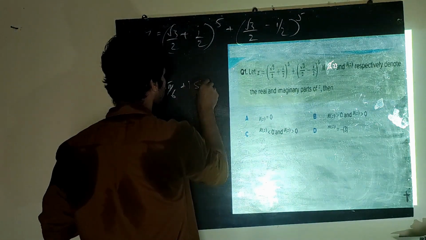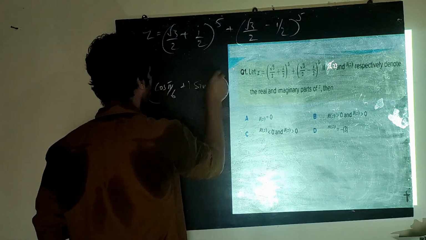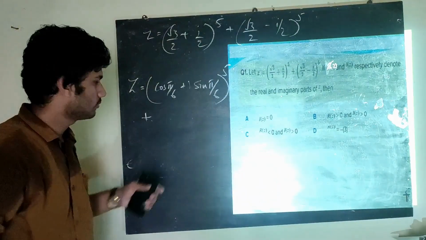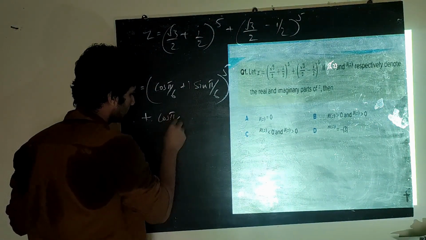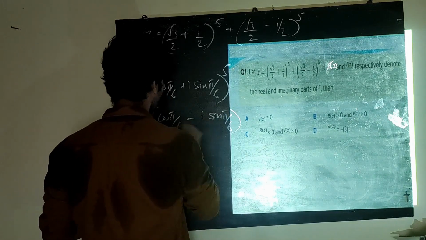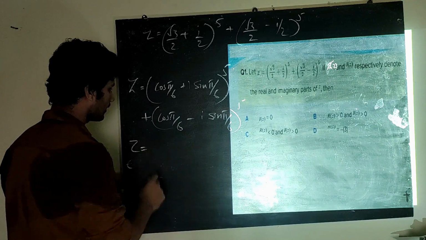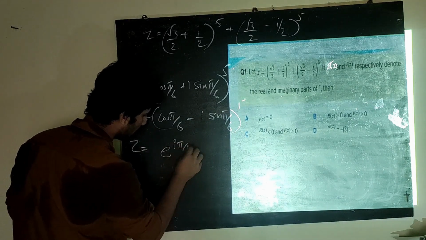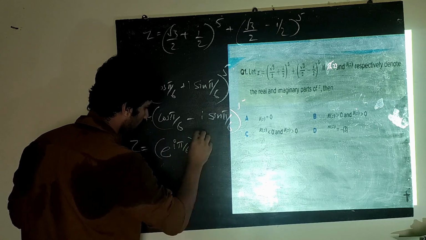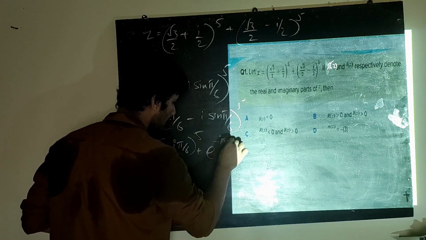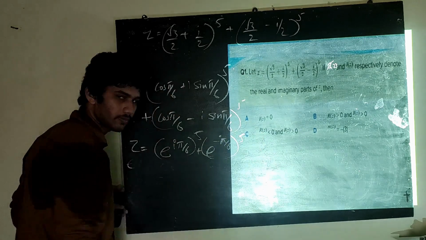So cos pi by 6 plus I into sin pi by 6, whole raised to 5, plus root 3 by 2 minus I by 2, that's again cos pi by 6 minus I into sin pi by 6 raised to 5. Again Z can be rewritten as e raised to I into pi by 6 raised to 5 plus e raised to minus I into pi by 6 raised to 5.